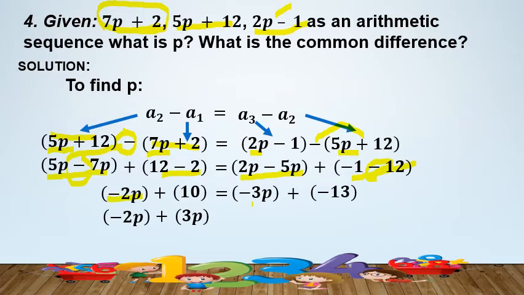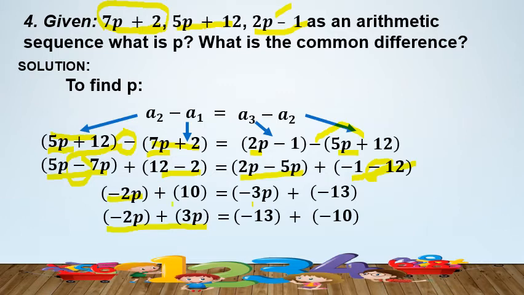Kapag nagre-rearrange lang, hindi kailangang magpalit ng sign. So, meron tayo, ulitin ko lang, negative 2p plus 3p, 3p equals negative 13 plus negative 10.